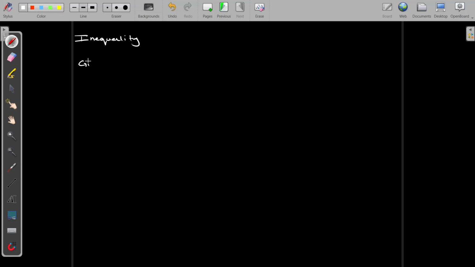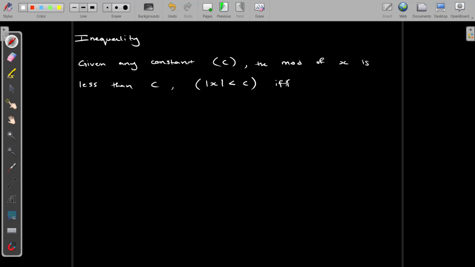So given any constant c, the mod of x is less than c if and only if x ranges between negative c and positive c.